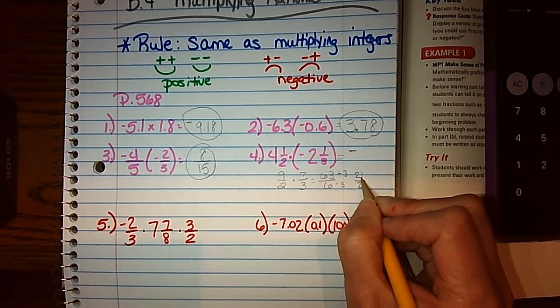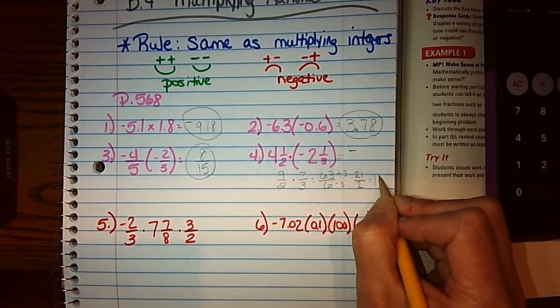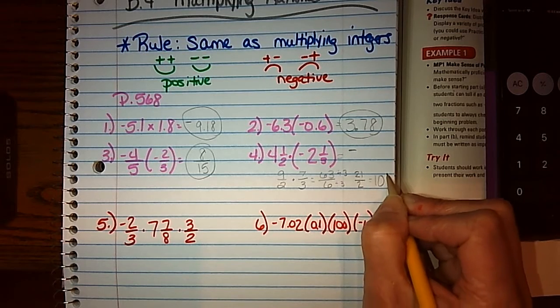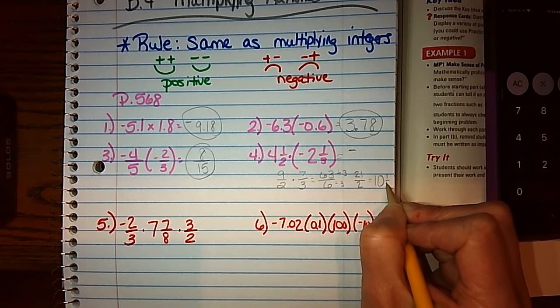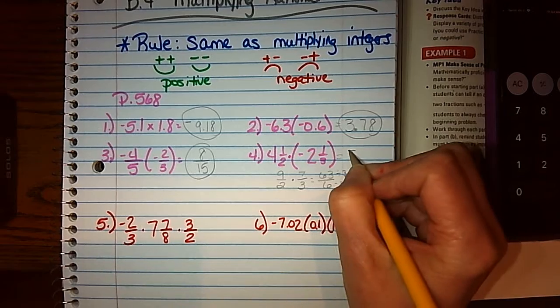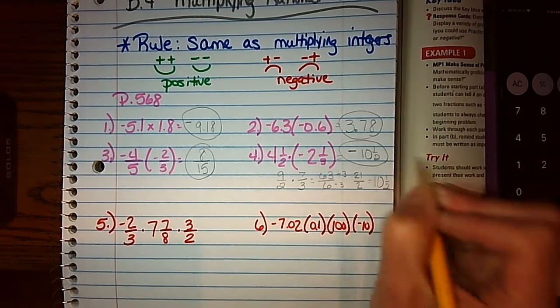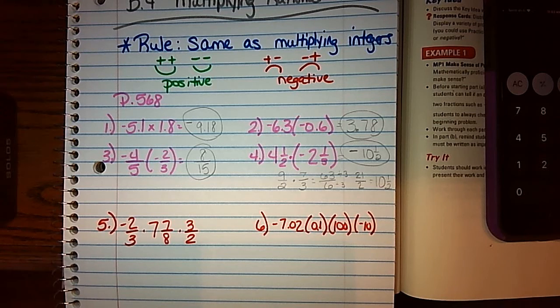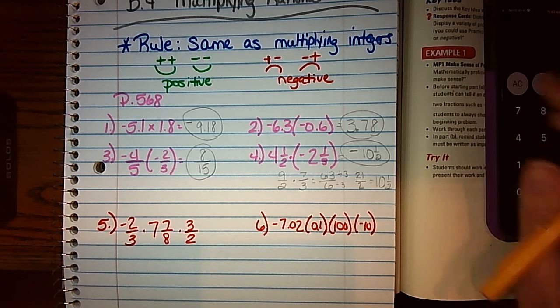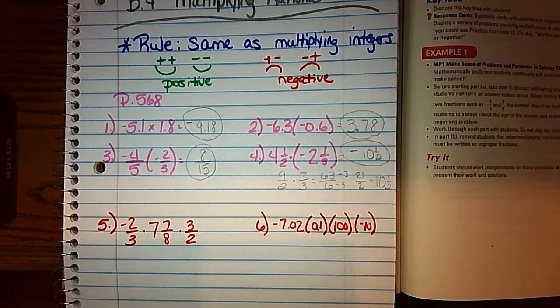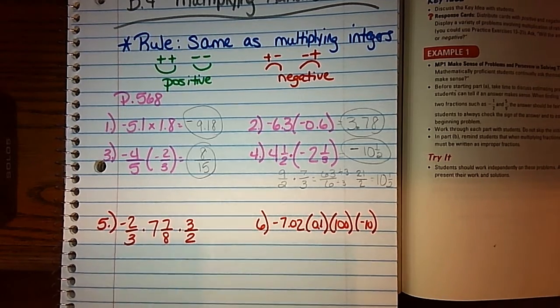And now 2 can go into 21 10 times, and I have 1 left over. So I'm just going to bring that up here with my negative 10 and a half. Negative 10 and a half. That's it. Again, hopefully you're finding this nice and easy as we're ending the school year.